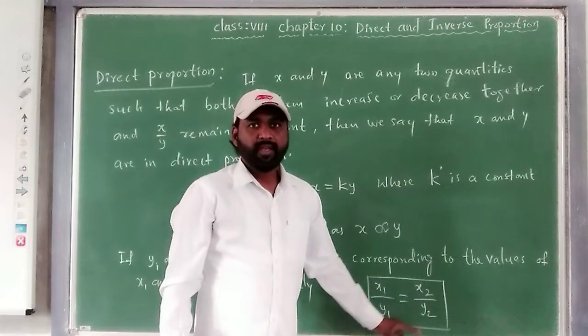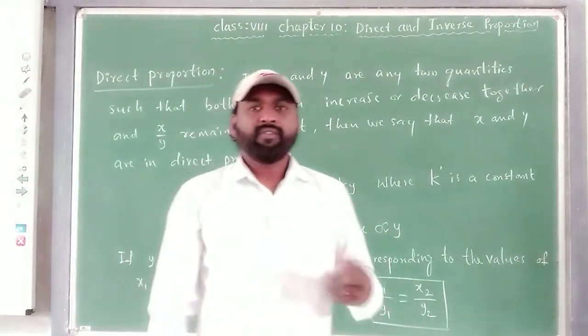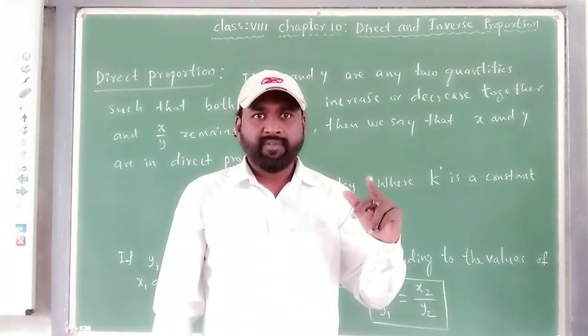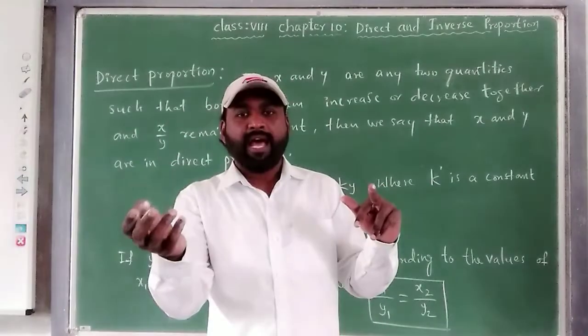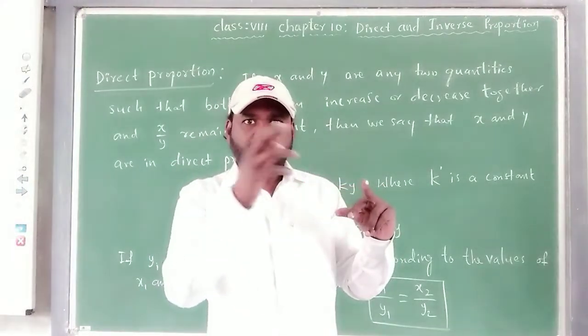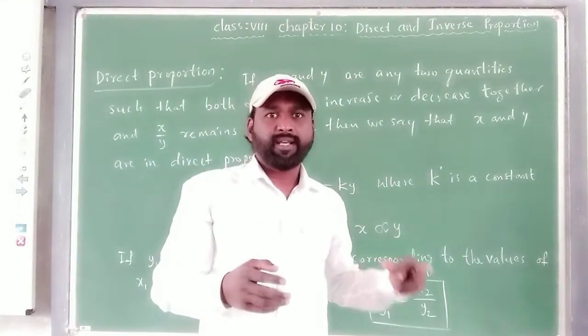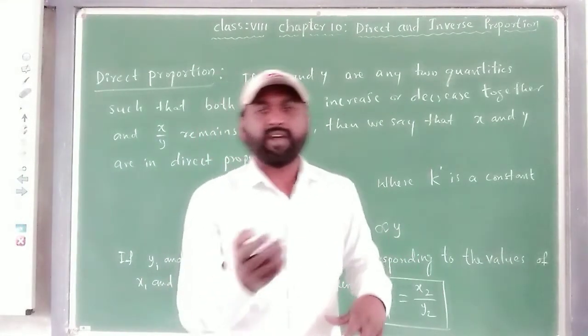x1 by y1 and x2 by y2. If one situation is given where values of the two quantities are given, the x values are x1 and x2, and the y values are y1 and y2.